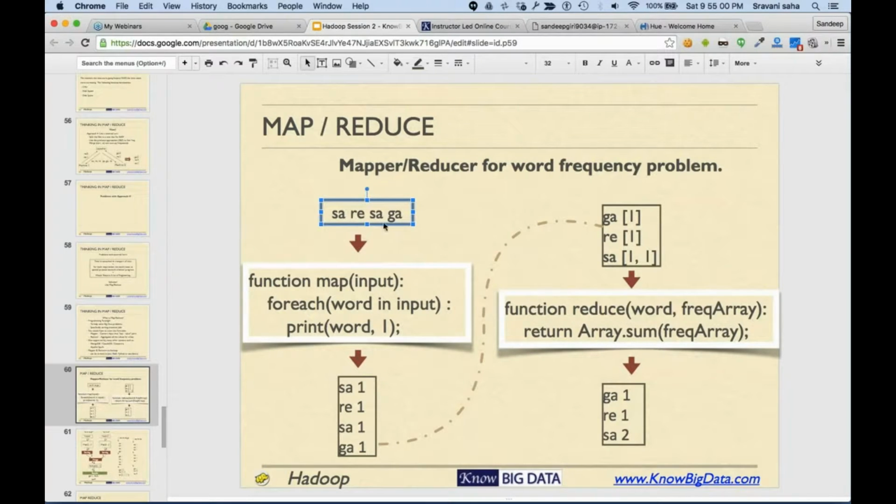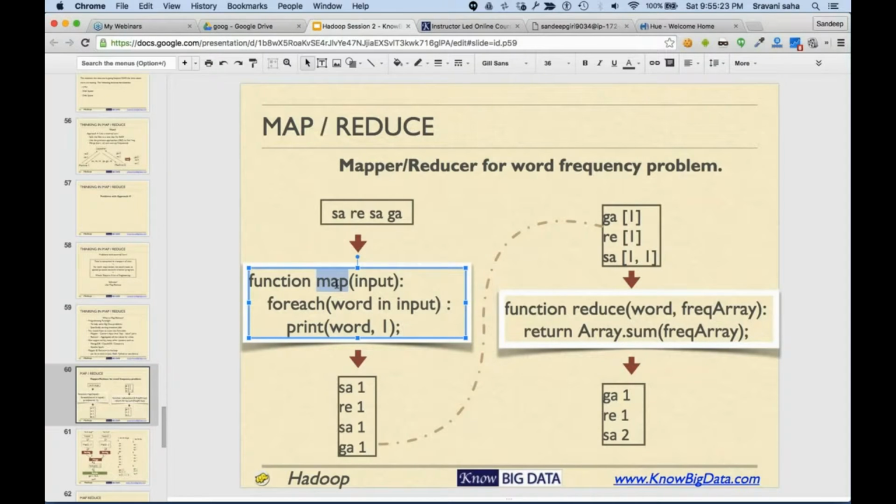If there are 50 lines in the input, this function is going to be called 50 times, and for each line it gives out many key values. So it's saying sa 1, re 1, sa 1 again, and ga 1. That's all the map function is giving out.